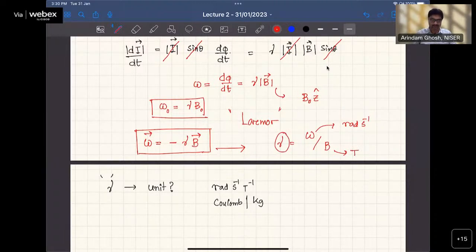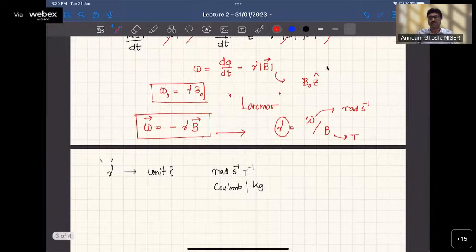That makes sense. But where does Coulomb per kg come from? This is really weird. However, the Larmor frequency, like a 400 megahertz spectrometer, these megahertz numbers will not be properly understood unless we understand where Coulomb per kg comes from. So let's try to understand this a little bit.